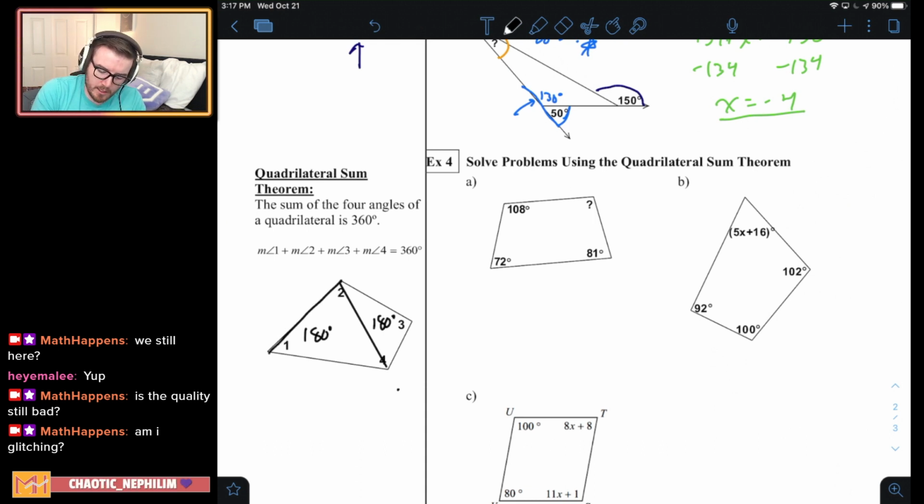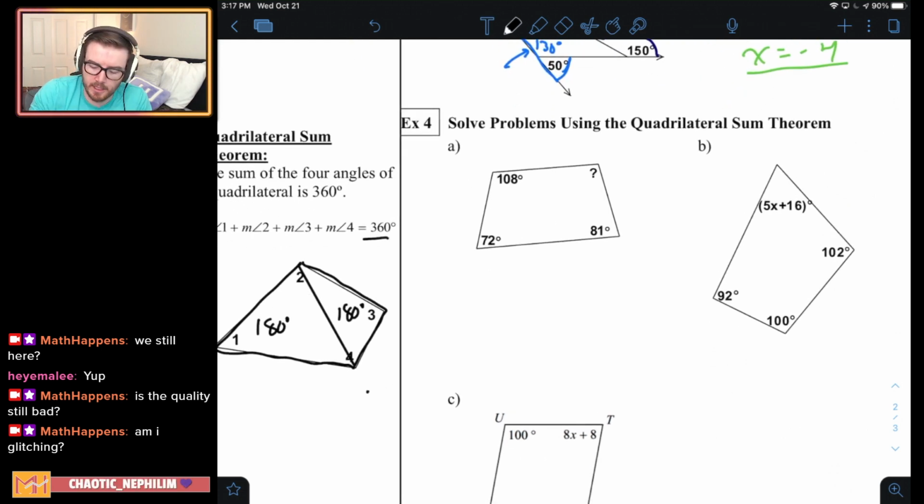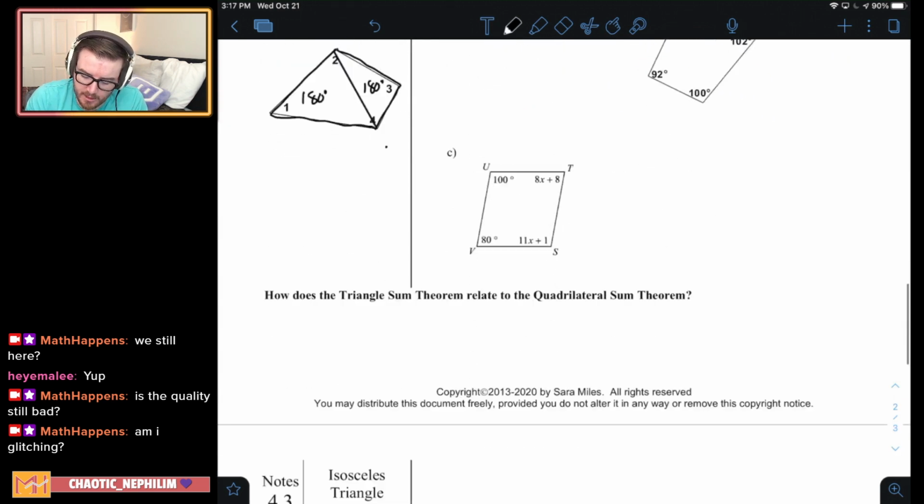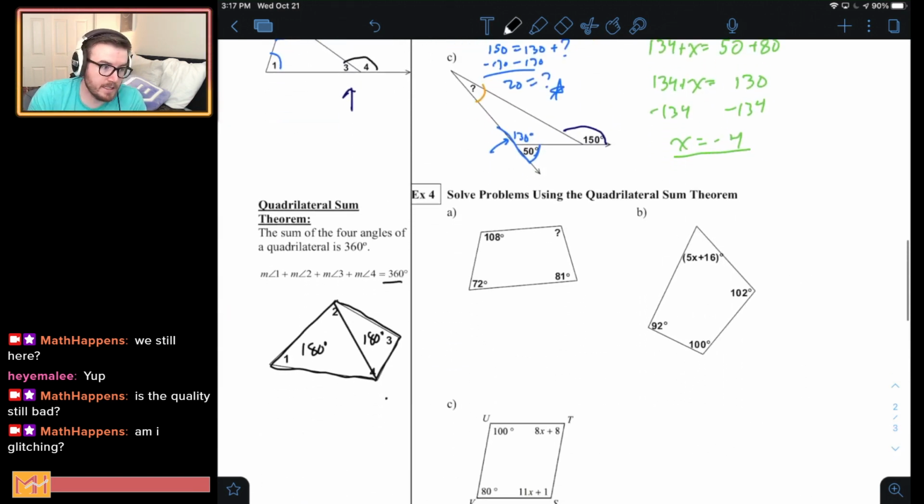So, how many degrees total are there in a quadrilateral? 360. Simple as that. So that's why we're doing these things together, right? It's not a new topic. It's just like, okay, take this one thing and let's up it just a little bit more. So quadrilaterals have a total of 360 degrees inside of them.